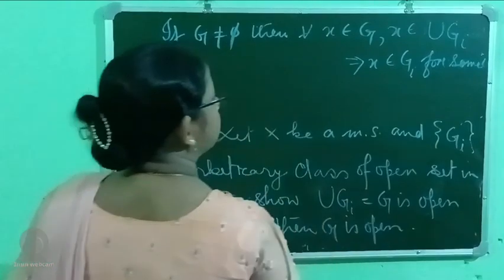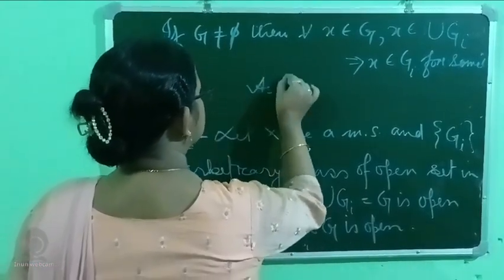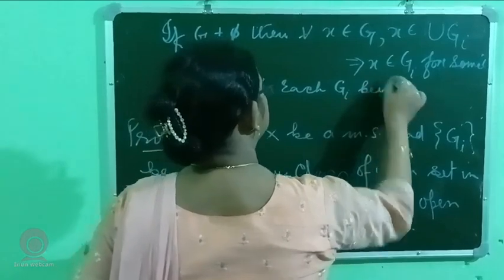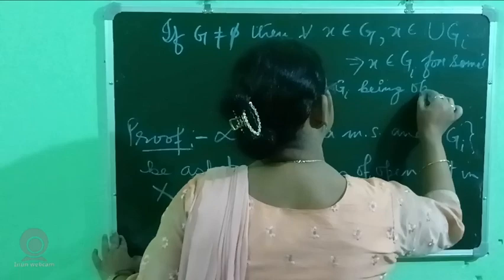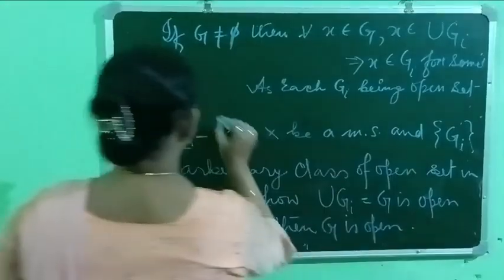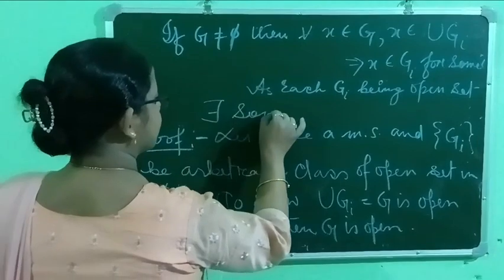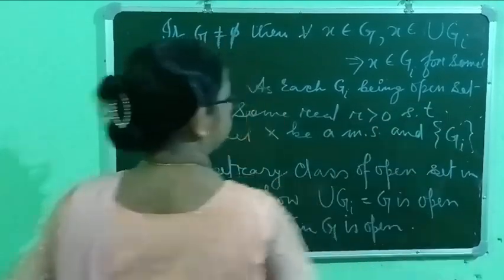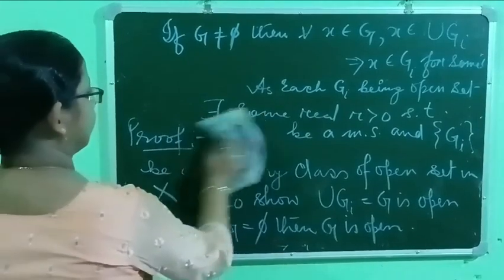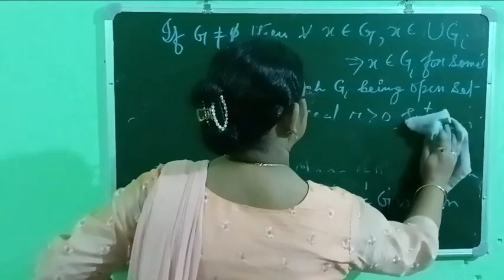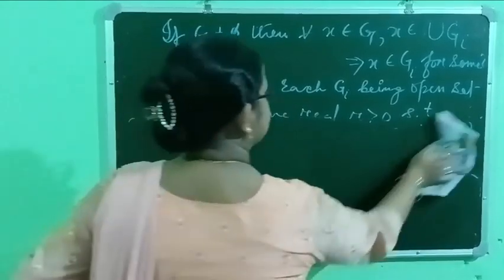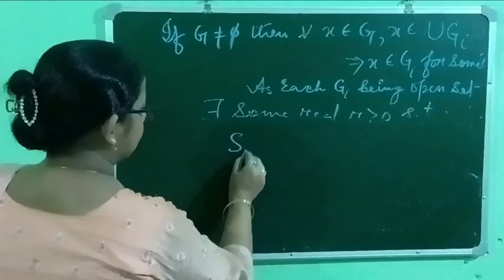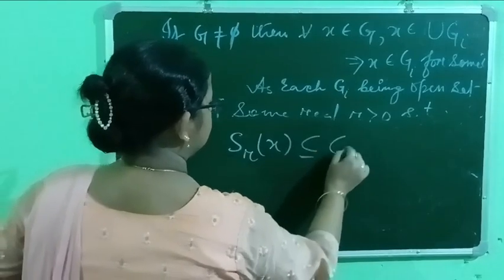As Gi is an open set, there exists some real r greater than 0 such that S_r(x) is contained in Gi.